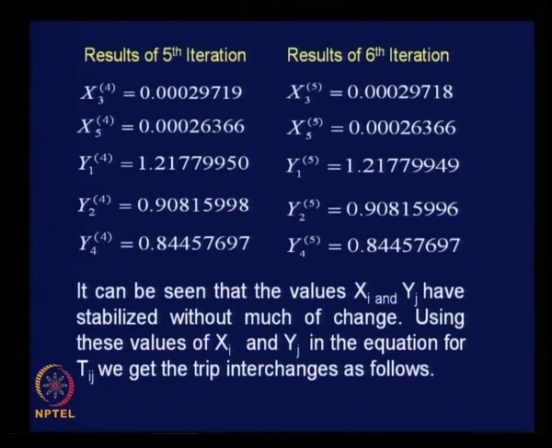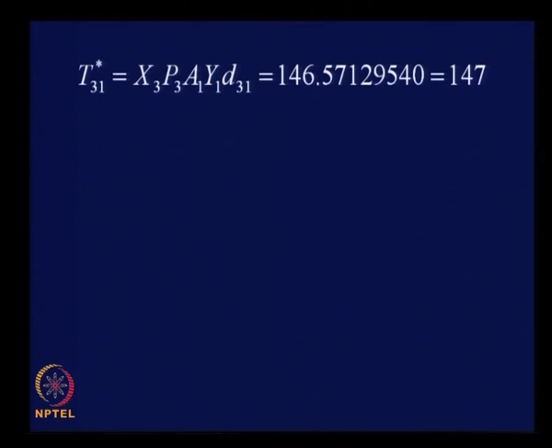Substituting those values, we get the result of Tij: T31, T32, T34, whatever exchanges are there. I am giving you directly the calculation details as well as the result. So, T31 is going to be x3 P3 A1 Y1 D31 and the values are known. I am just giving you the result only, not the details of calculation.